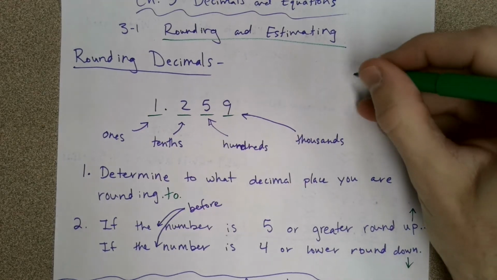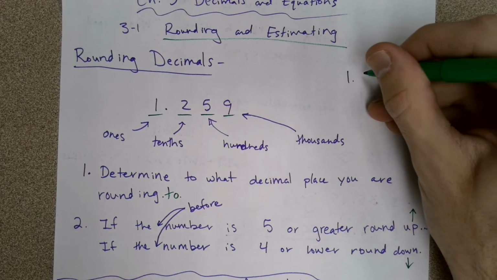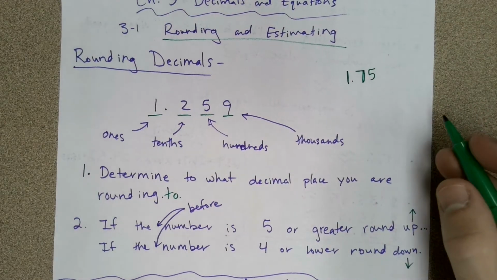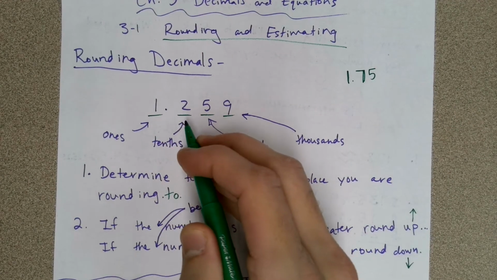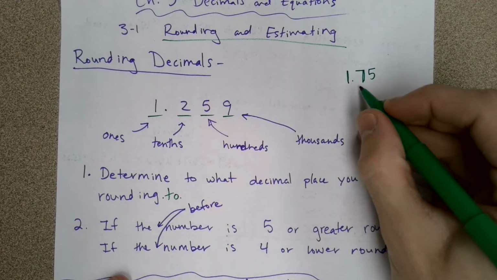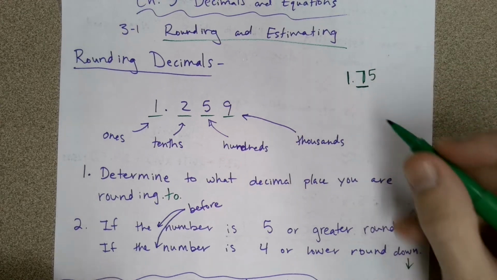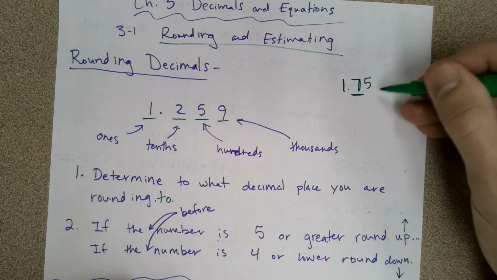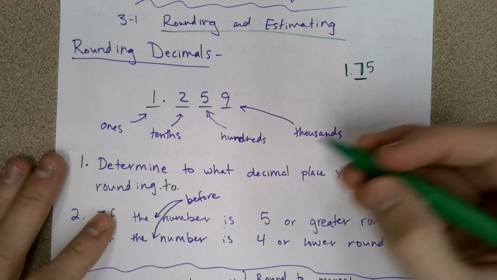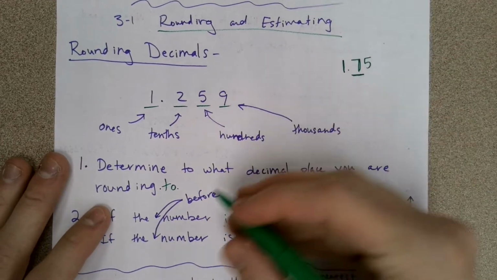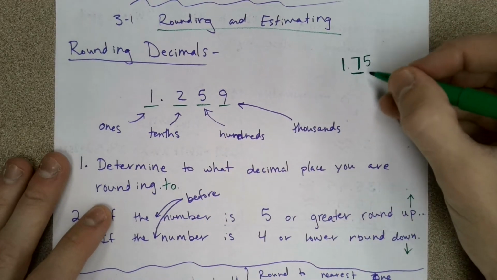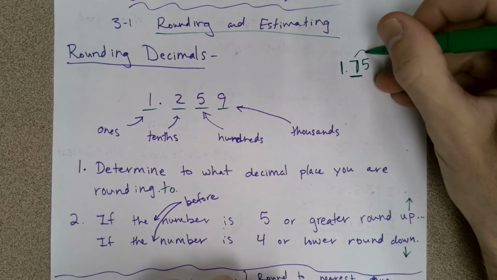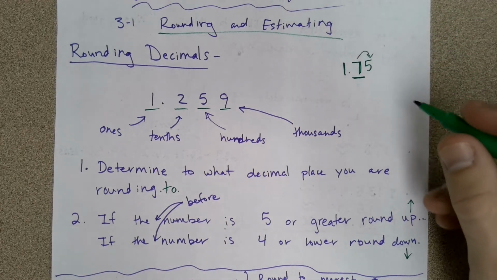So for example, if I just said right up here 1.75 and said I wanted to round to the nearest tenths place. So we're looking at tenths place, that's 1 over from the decimal. Now, if the number before, when I'm saying before, I mean this way, if that makes sense for you to say after, then on your definition you write after. But I have before. So if you want to write after here, if that makes more sense to you, think of this number, it's the one just to the right of it.